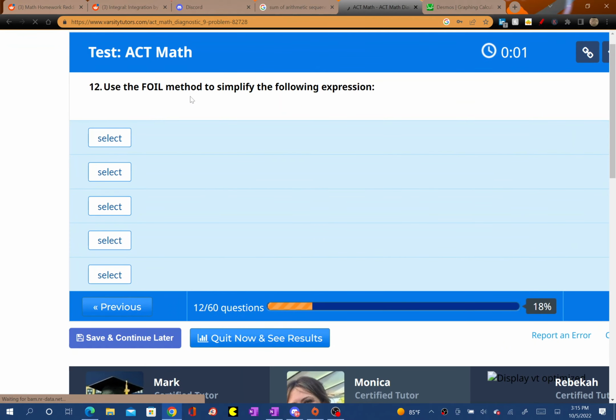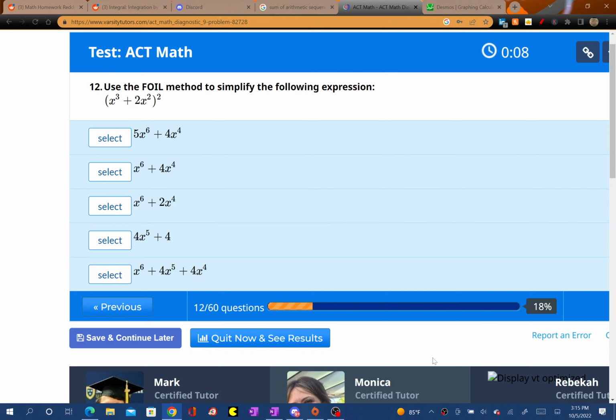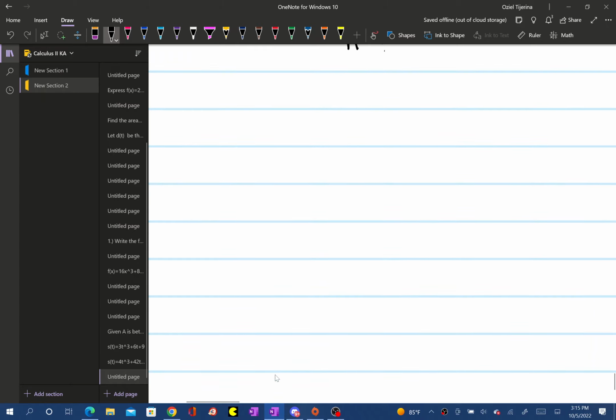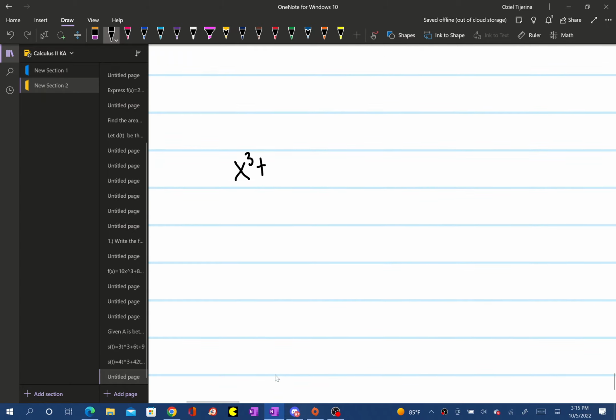Use the FOIL method to simplify the following expression. X cubed plus 2x squared, squared. That's x cubed plus 2x squared times x cubed plus 2x squared.